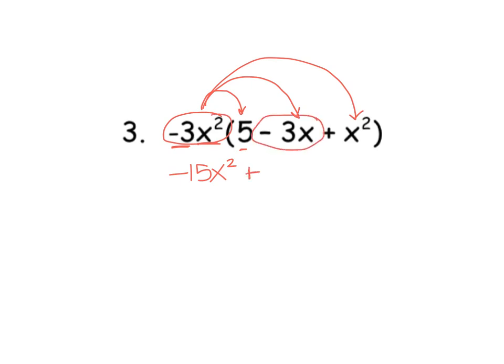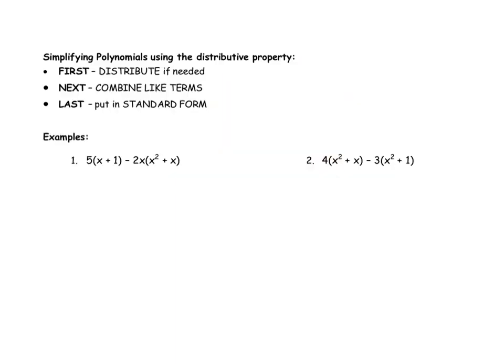That gives me plus 9, and x squared times x is x cubed, so plus 9x cubed. And then finally, -3x squared times x squared. Well, x squared times x squared is x to the 4th, and I still have my -3, so I have minus 3x to the 4th.